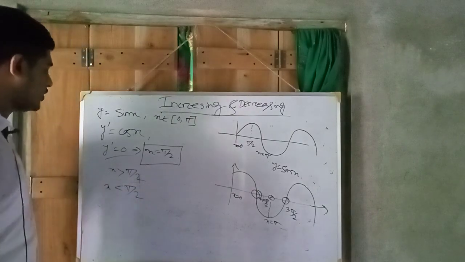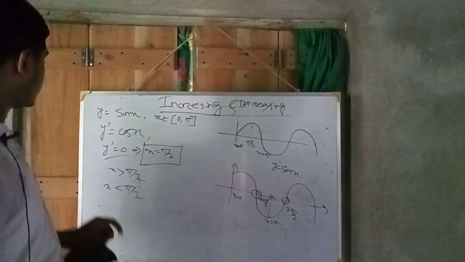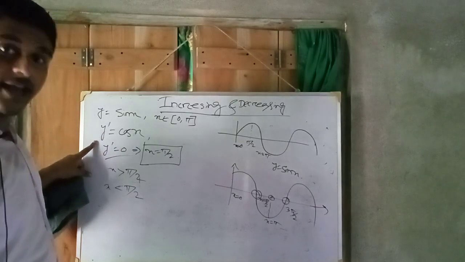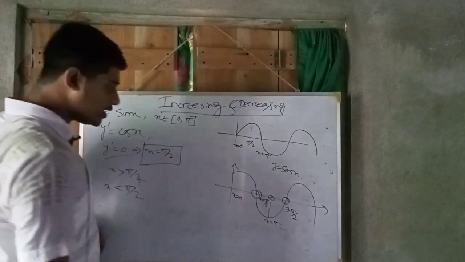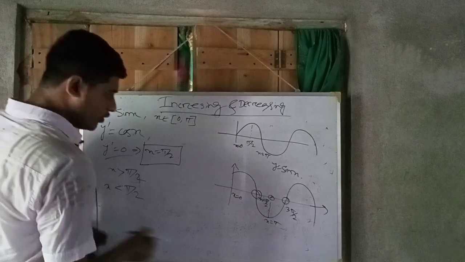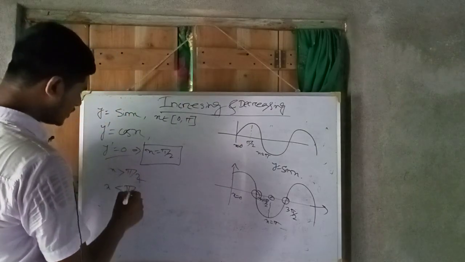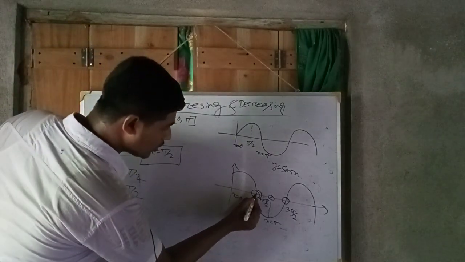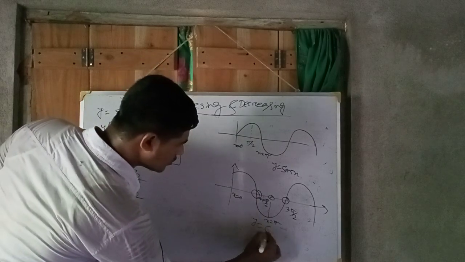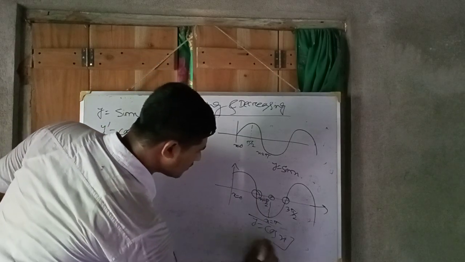When x is greater than pi by 2, what is the sign of y dash? Y dash is cos x. This is the graph of cos x.